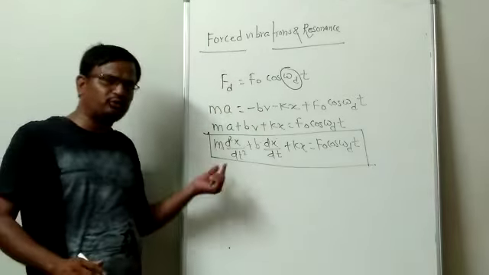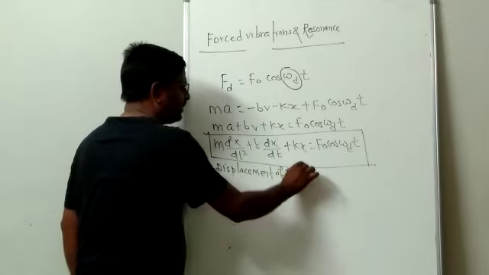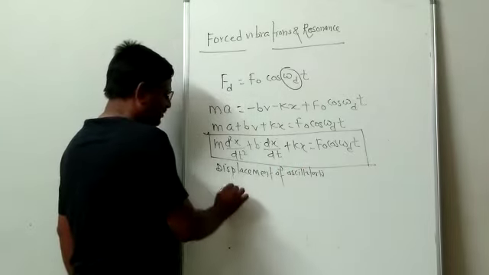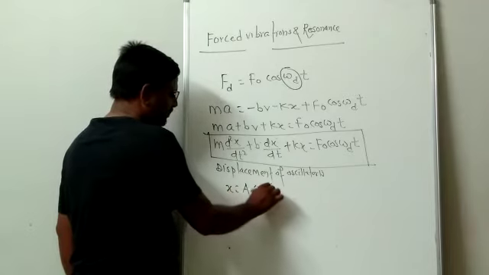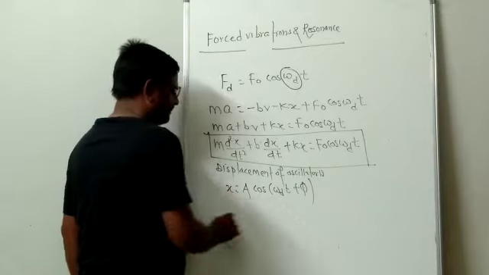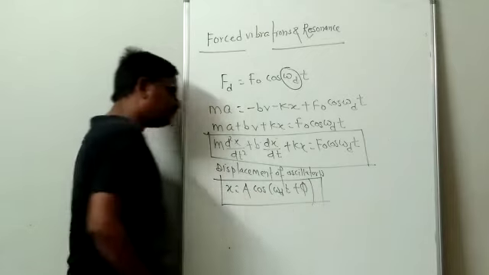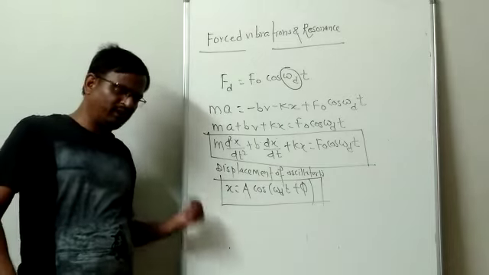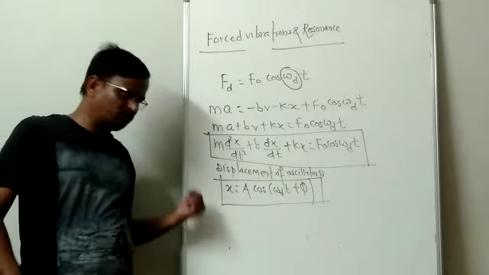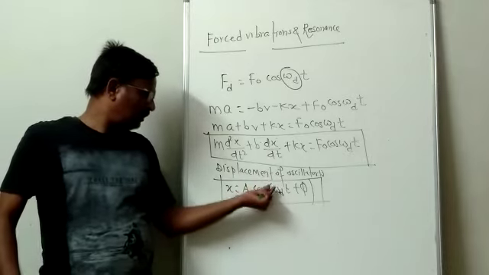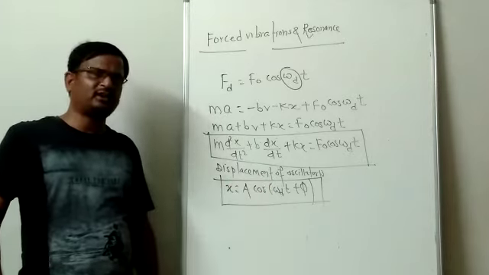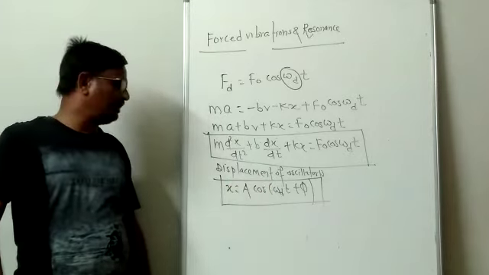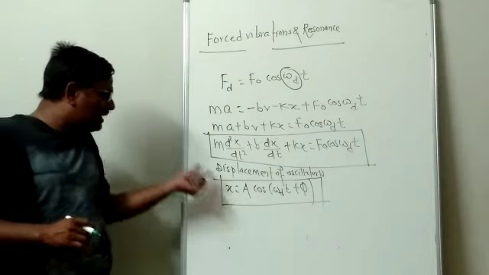Then the displacement of the oscillator is x is equal to a cos omega d t plus phi.